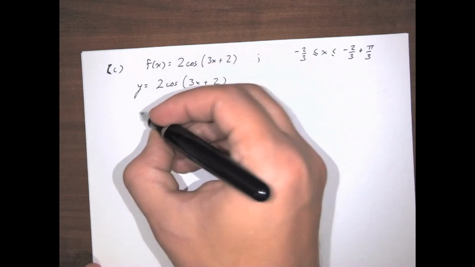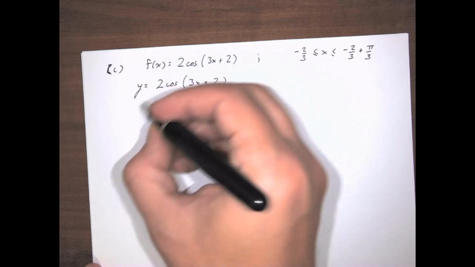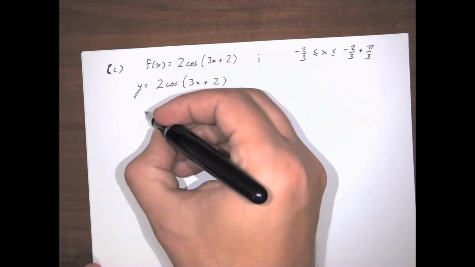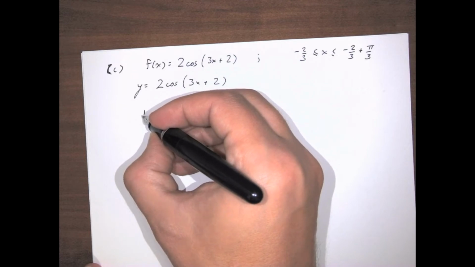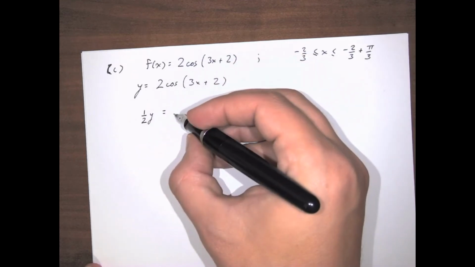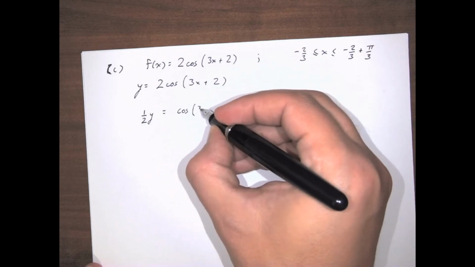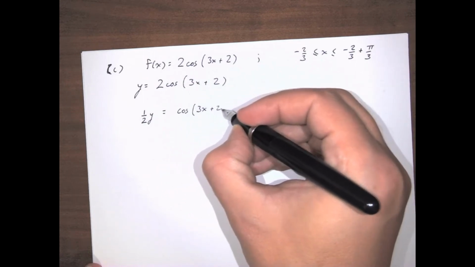So we just work our way from the outside in. Here, the only thing on the outside is that 2, and so you can just do it as y over 2, or you can do 1/2 y. Either way. I like 1/2 y usually. Cosine 3x plus 2.